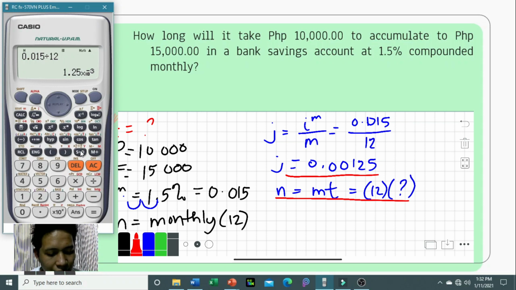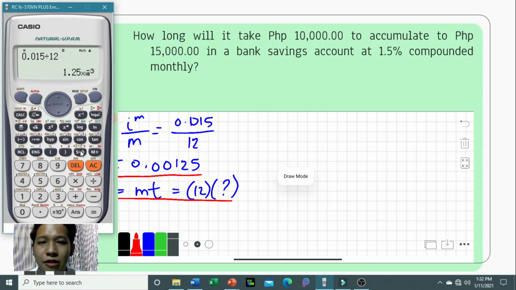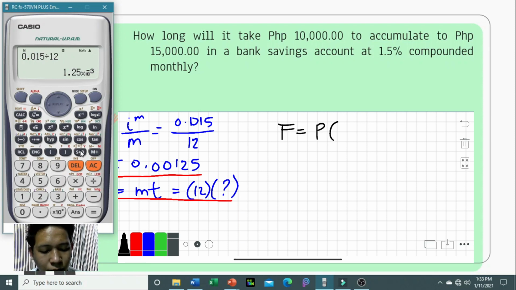Okay po? And by using our formula for the future value, or the maturity value, of a compound interest compounded more than once a year, we have F equals P times (1 plus j) raised to n. Ang gagawin natin is to plug in all the necessary values na nakuha natin sa problem, para makuha natin yung value ni n.